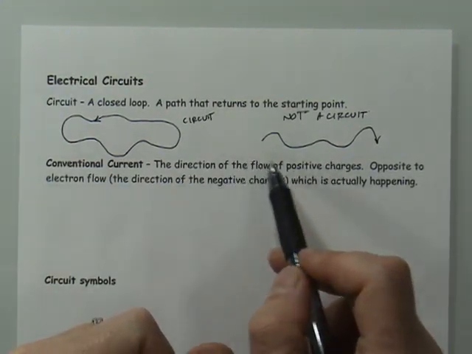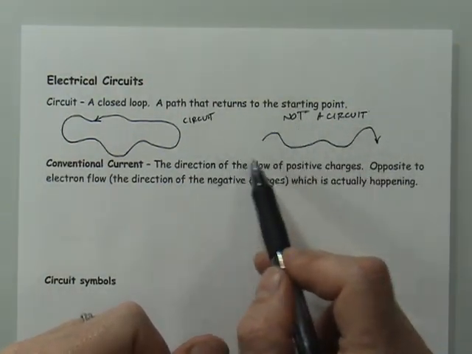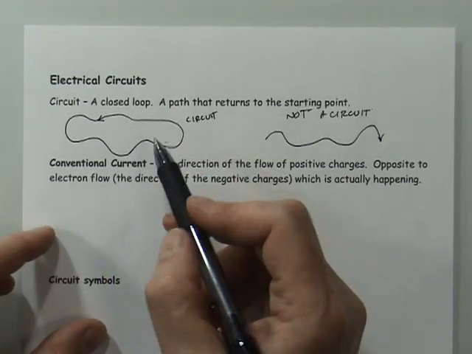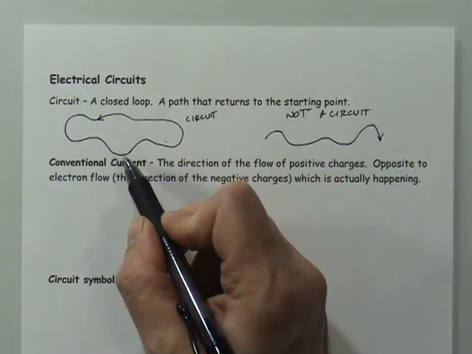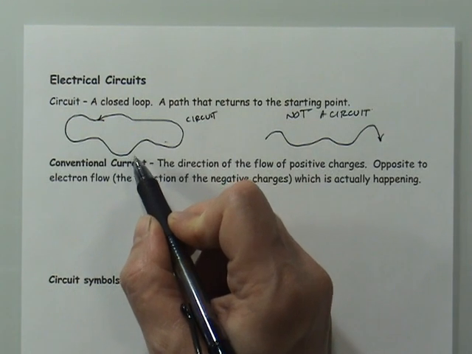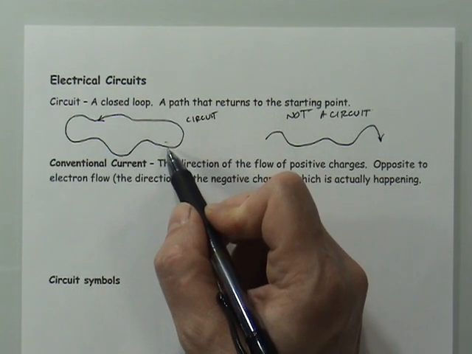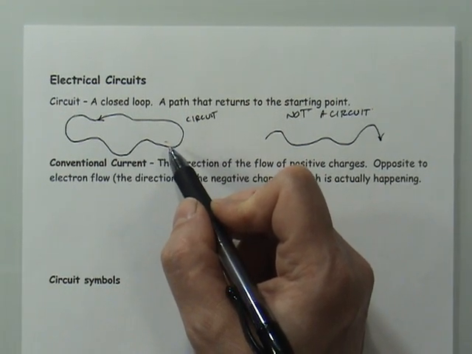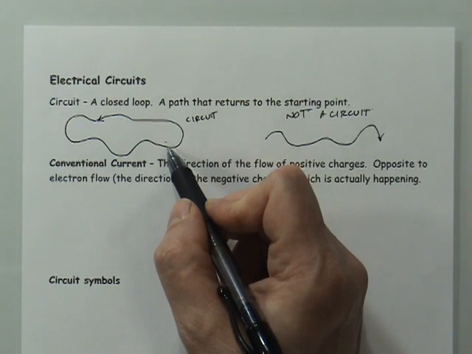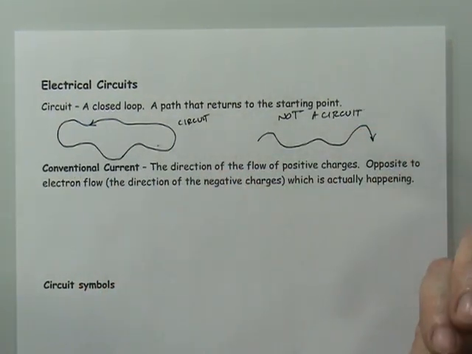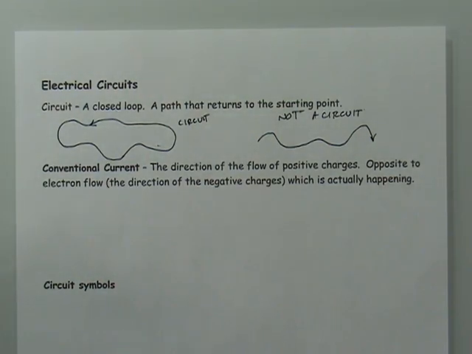You must create that loop so that the current can flow, because the current cannot be collecting somewhere. So let's say, for example, that I had 5 amps passing through this spot on the circuit. Well, if I were to look at this point, and let's say I only saw 2 amps, where are the other 3 amps? Where did they go? That would be a violation of conservation of charge, that the current must be the same everywhere in this circuit, because otherwise charge is somehow disappearing from the system.